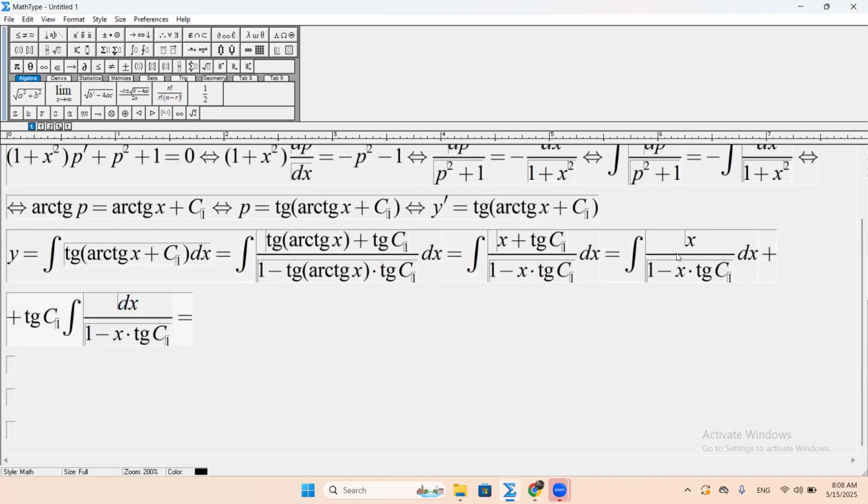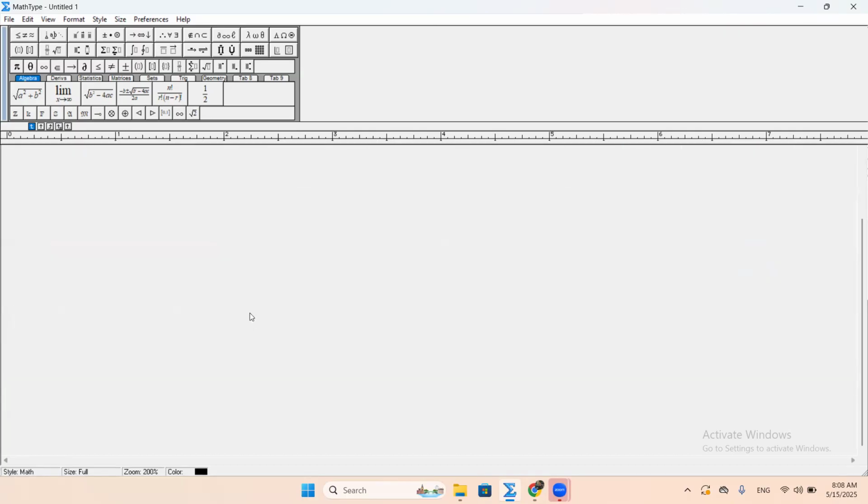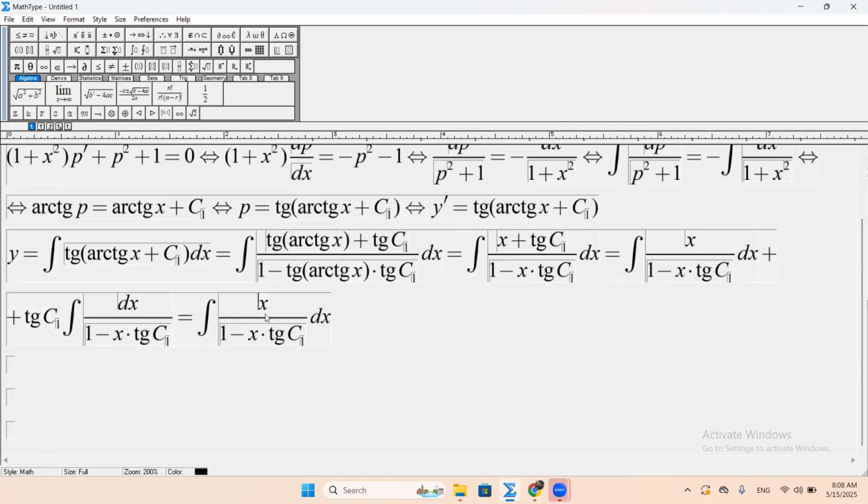First of all, we need to extract the whole part. So 1 minus x, and we need to divide by the tangent of C1.